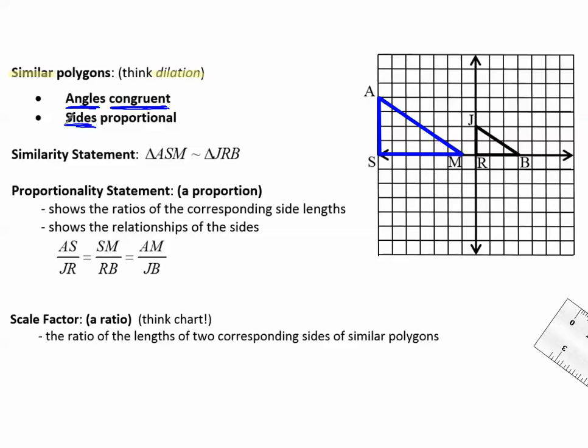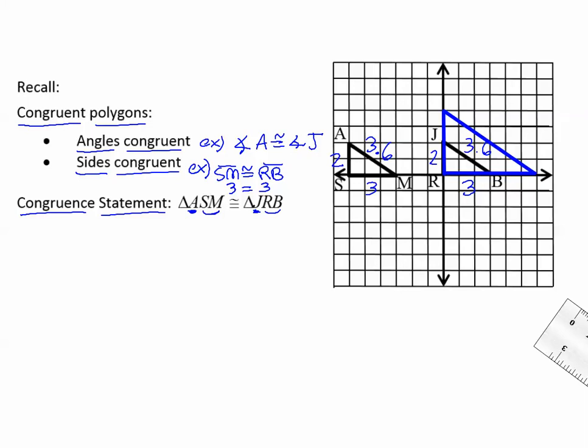But this time, the sides are not congruent, they are proportional. The sides are proportional, and that's different. We still have a similarity statement that tells us which parts correspond, but notice that this symbol is not the congruence symbol. The congruence statement has the equal sign under the squiggly, so you know more things are equal.